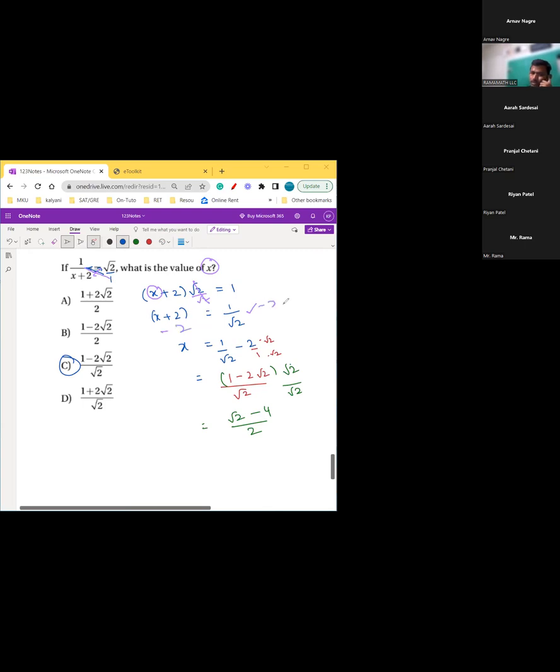I got this. But now I don't have the same denominator, so I need to multiply by radical 2. So I got the radical 2 and radical 2. Keep that radical and then subtract the numerators. 1 minus 2 radical 2. I think that's good enough. And we got the answer already. Okay. And that's basically it. Good to go.